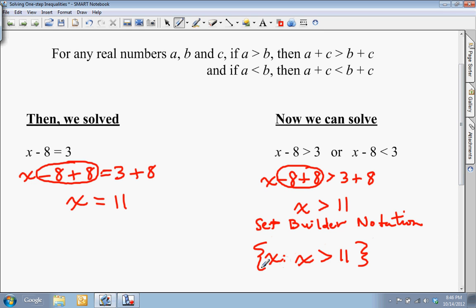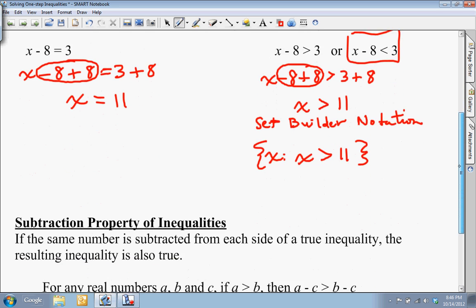So we know that x could be any number, like 12 or 13 or 14, and so on. This problem would have been solved in exactly the same way, only in this second case, it's less than. So we would say that for all numbers of x, x would be less than 11. But again, it is solved using exactly the same addition property of inequalities.